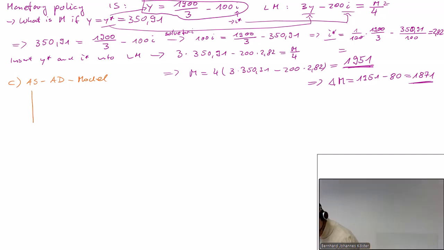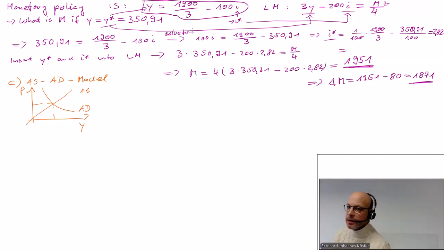Well, within the ASAD model, we had y, our AS curve, and falling AD curve, and now the overall equilibrium would be just the cut between the aggregate demand and aggregate supply curve.